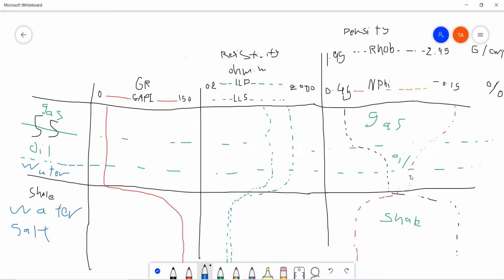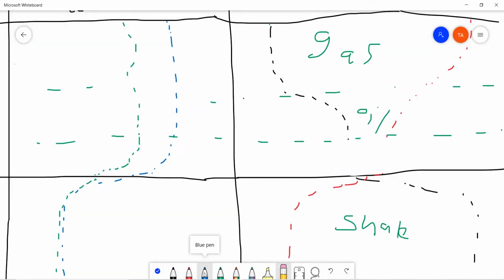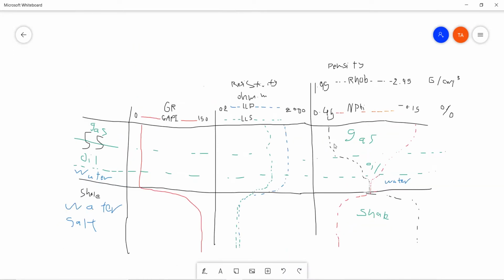Now let's see if we have water right here. So I will delete this, and the response will be like this. With water, the rho b will get close to the neutron log, and it will be like this. So when you see this, you will know that you have water in the sand formation. And this is the main thing you have to know.